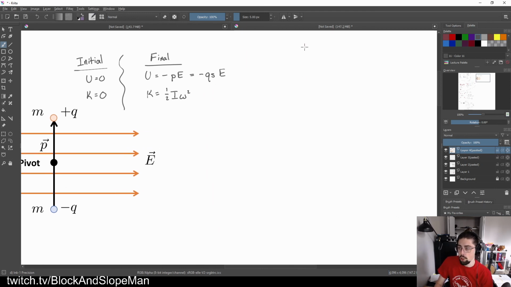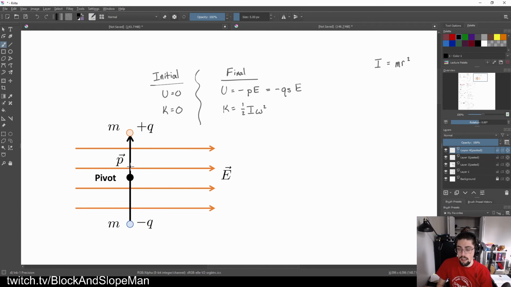It's been a little while, but you might remember that anytime we're talking about the moment of inertia from a point mass, it goes as not 1/2, just mr squared. So if I'm looking at what we've got here, S is half of this, right? This distance right here is S over 2. This distance right here is S over 2.